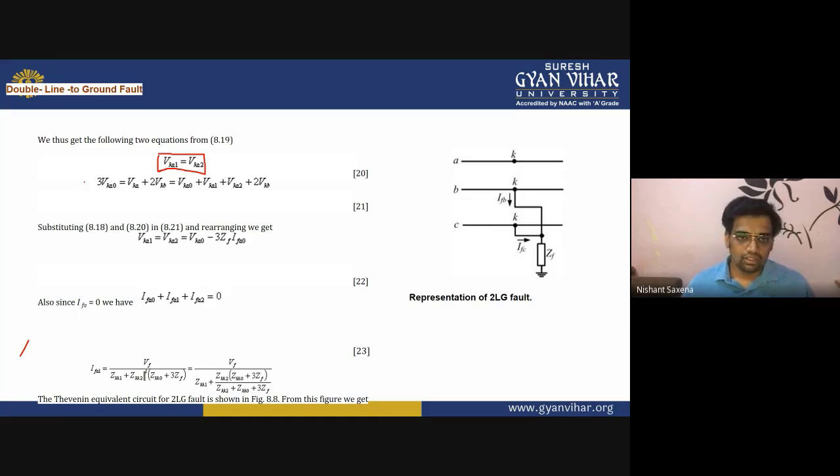Therefore, if I write this equation, 3 VKA0 is equal to VKA0 plus VKA1 plus VKA2 plus 2 VKB. Now from these equations 20, 21 and 18, I can say that VKA1 equals VKA2, which is equal to VKA0 minus 3ZF into IFA0. This is a very important equation.